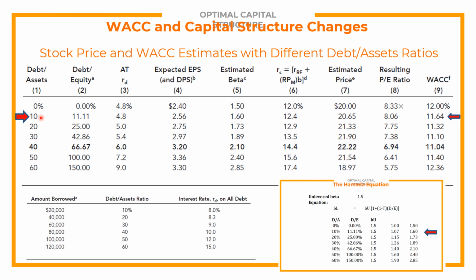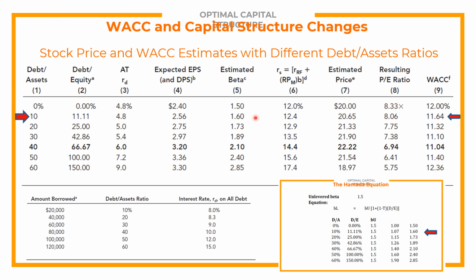So if we borrowed 20,000, then the equity portion that finances our assets is 180,000. So 20,000 divided by 180,000, we have 11.11%. This is the debt equity ratio, and that was used when we computed our levered beta, which is 1.6.